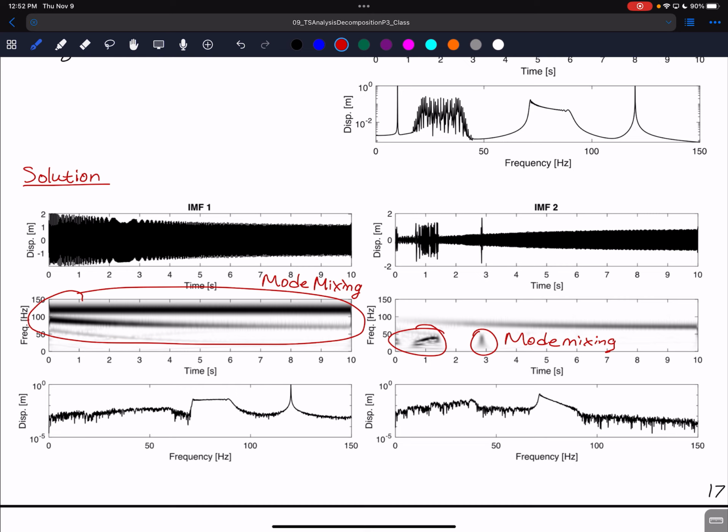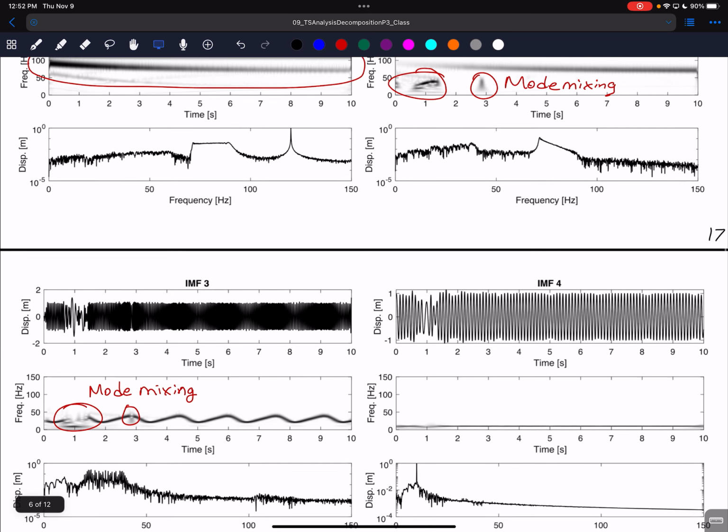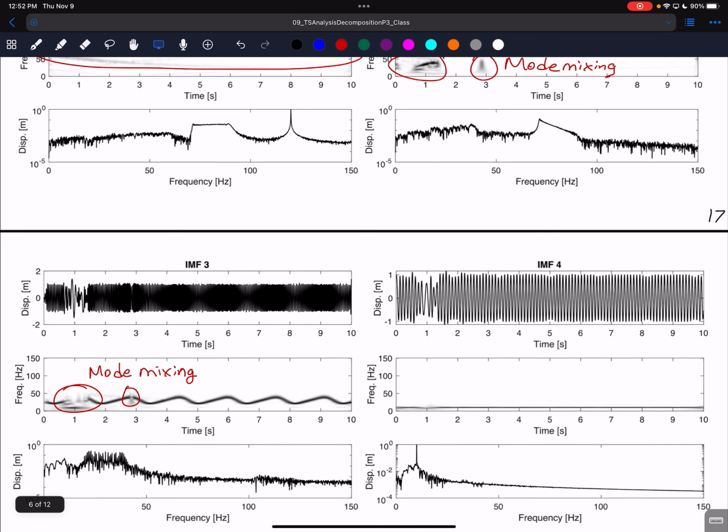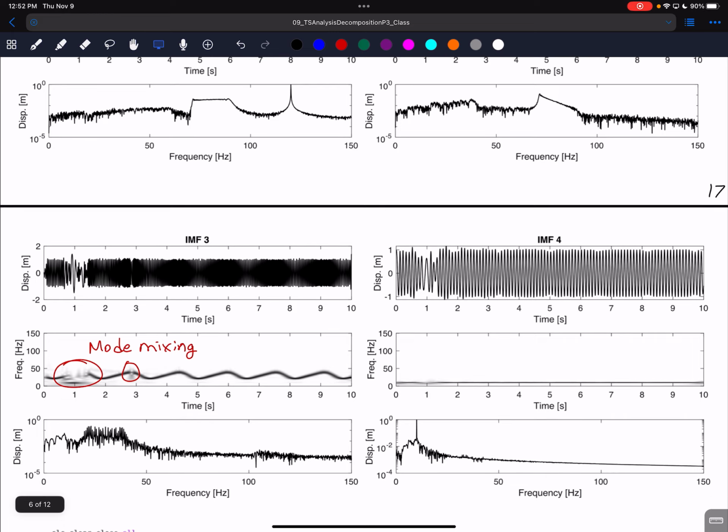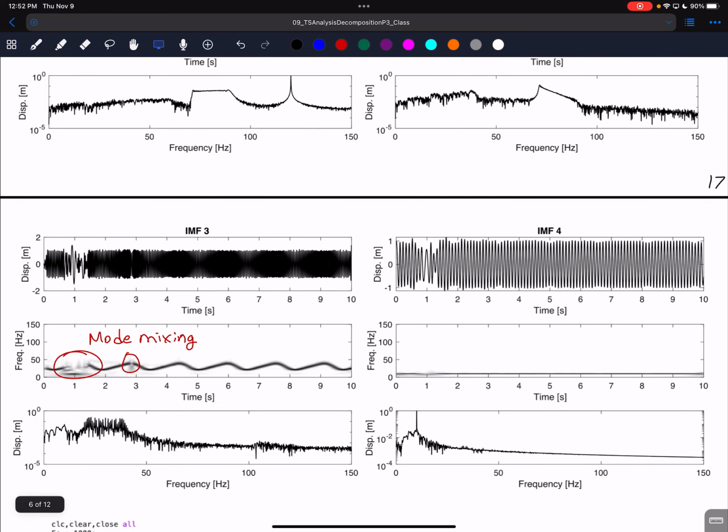Also, this first IMF has this component here that's actually just a numeric artifact. That slight gray one is not even real. It doesn't represent anything physical. We got mode mixing in the first 2 IMFs, and as a result, we have mode mixing in the third IMF, and then the fourth IMF doesn't really have any mode mixing, but it is missing part of its response.